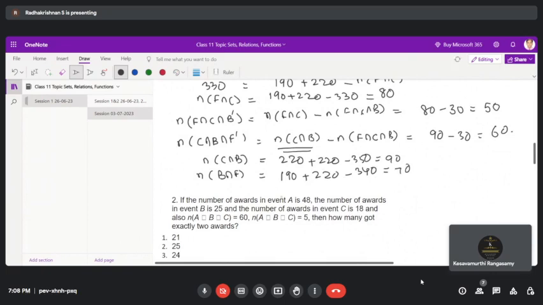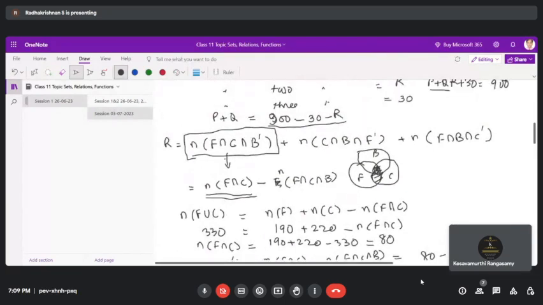This is 70. Therefore, N of B intersection F intersection C dash is equal to 70 minus 30. This is going to be 40. 40, sir. So these are the three numbers that we need: 50, 60, and 40.